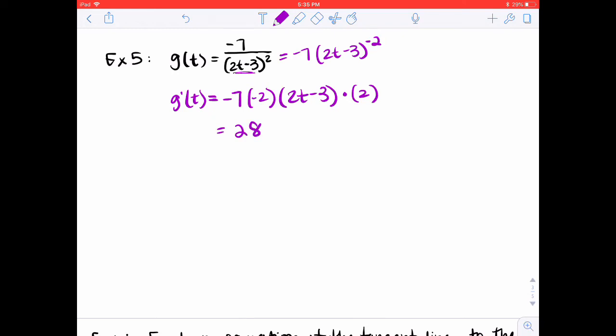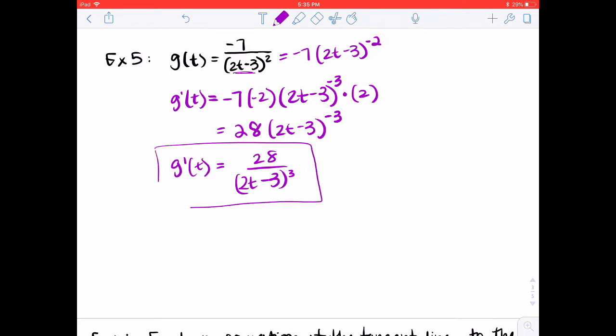Oh, I forgot the -3rd power. Times 2t minus 3 to the -3, and then we can put it back, like I said, in terms of positive exponents. So here is our derivative.